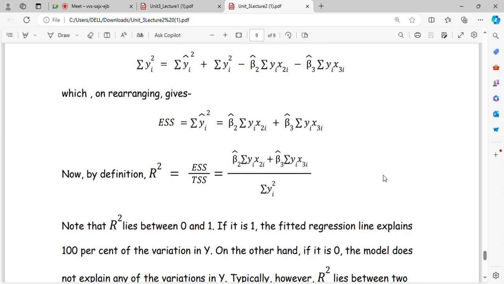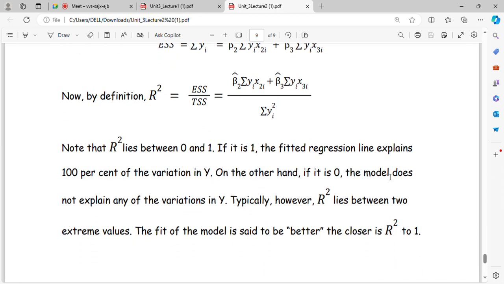Again we know that r square is nothing but ESS by TSS, so r square equals beta 2 hat summation yi x2i plus beta 3 hat summation yi x3i, whole divided by summation yi square. Note that here r square lies between 0 and 1.